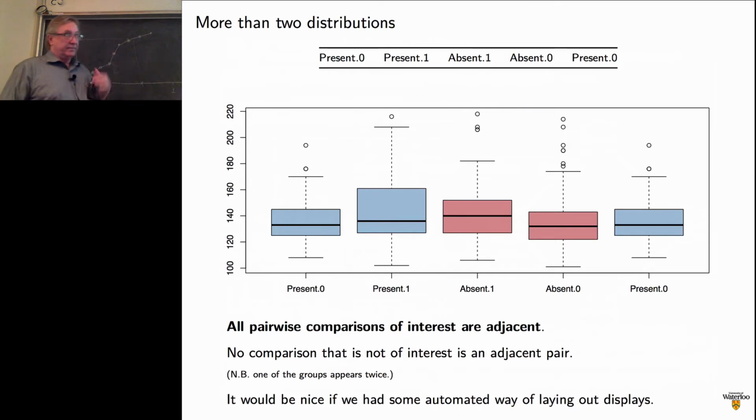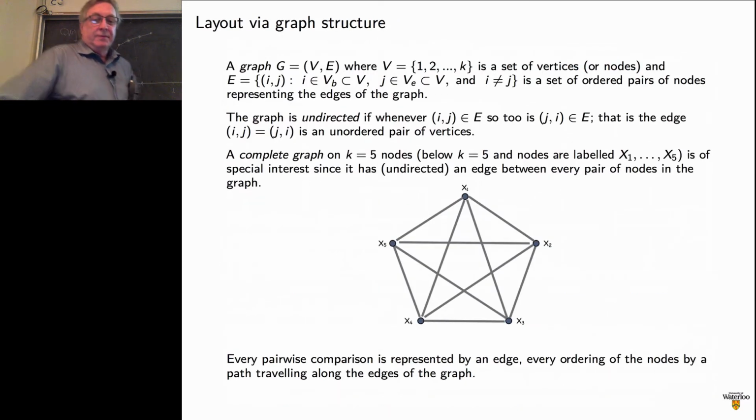So the way to do that is to think about a graph structure. A graph structure here has nodes, vertices, and edges. So we have a graph where each node corresponds to the visualization of interest, a box plot or a variable or what have you.